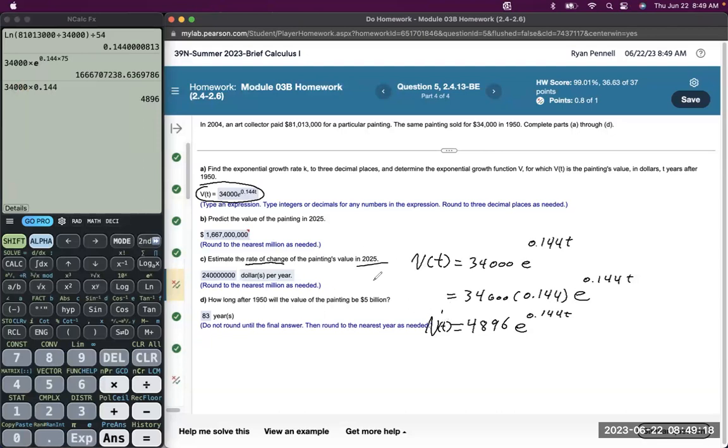They want it at year 2025 in my version of the problem. We already talked about that was 75 years. So I'll find V prime of 75, 4896 e to the 0.144 times 75. And that should tell us the rate of change at that year. Okay, that's my next task, is to do that.